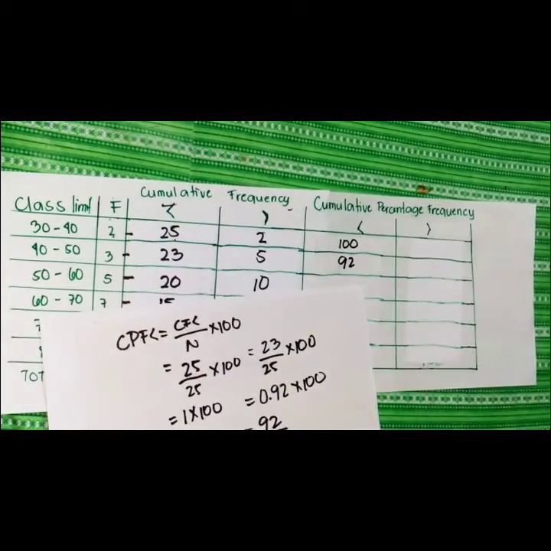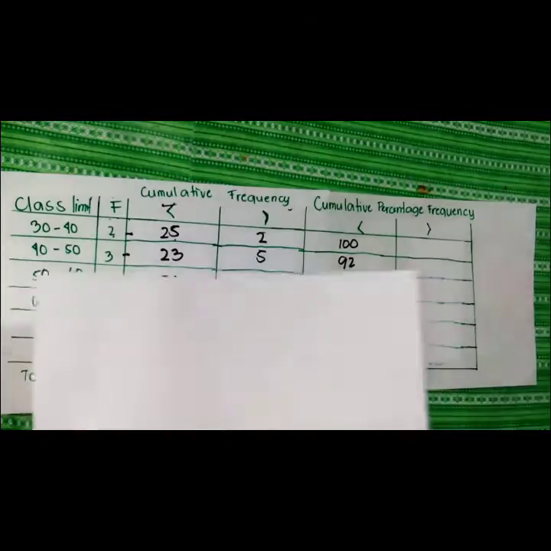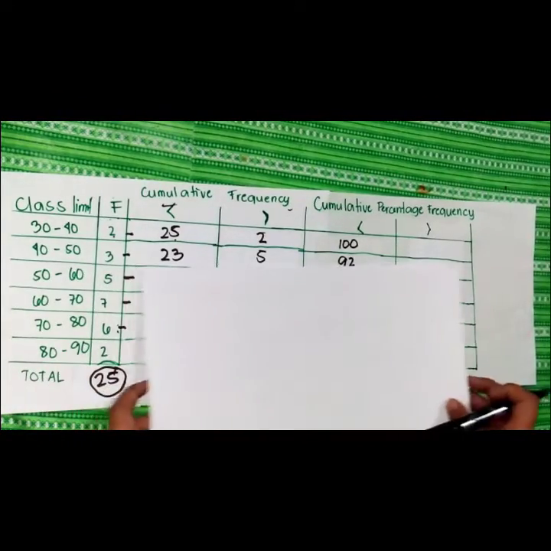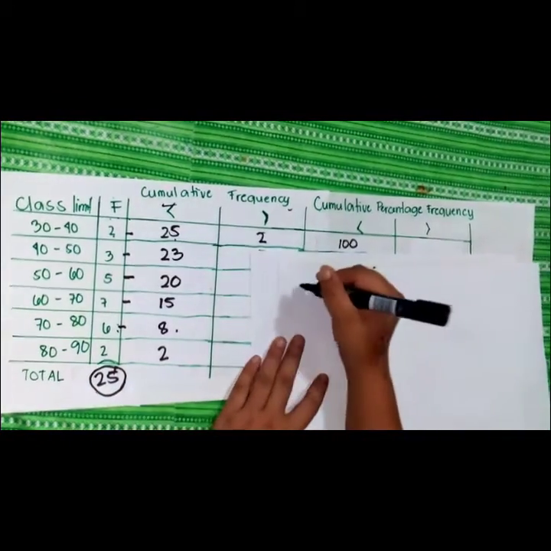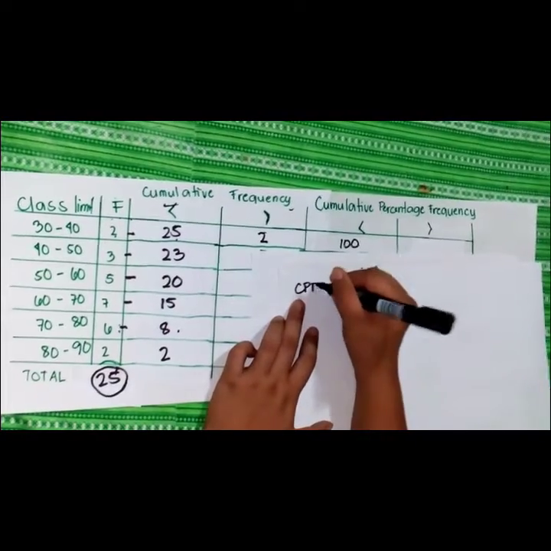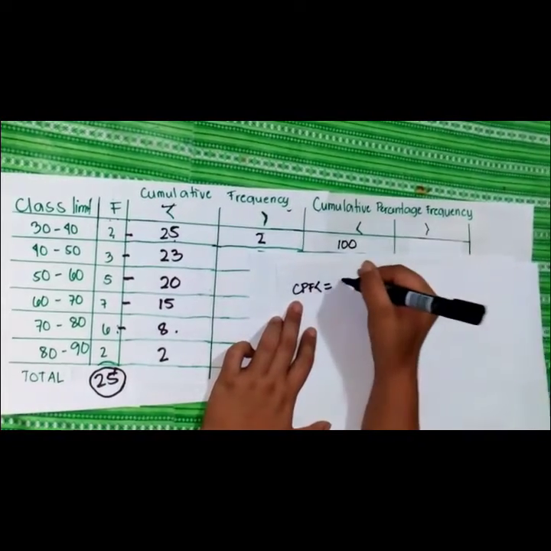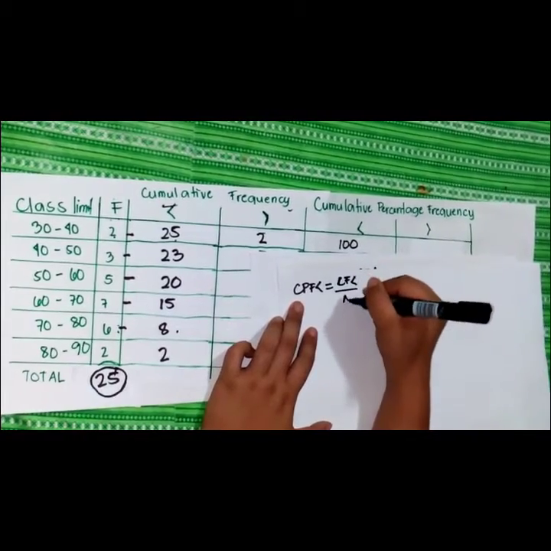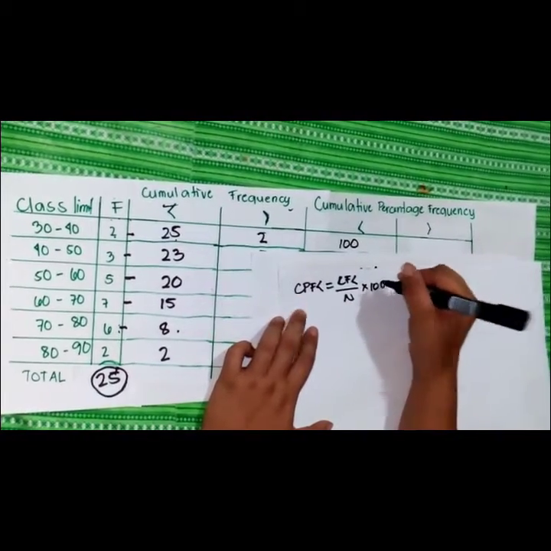Another example. We have the formula CPF lesser than equals CF lesser than over the number of cases times 100.